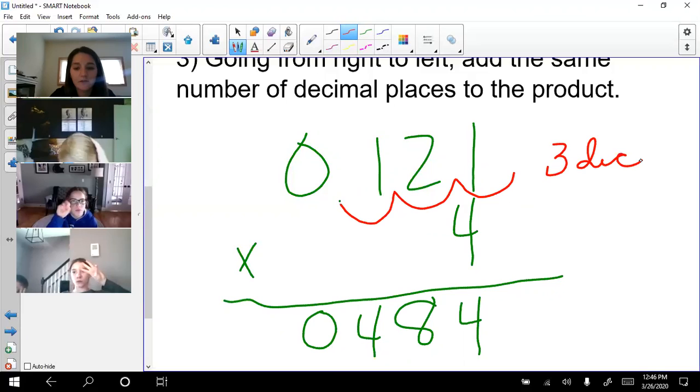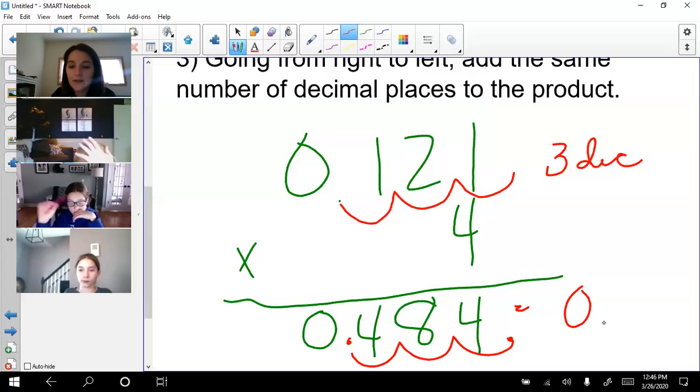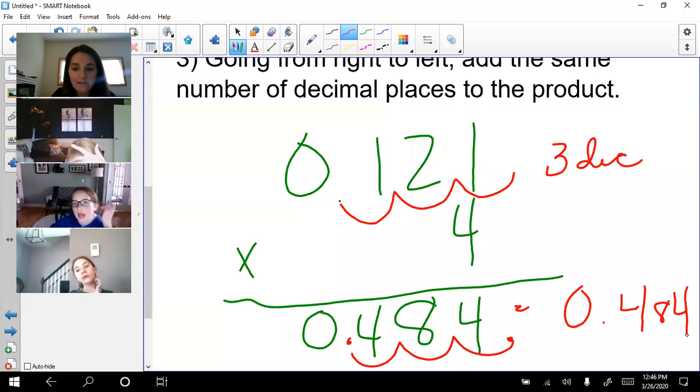Good, it should be 3. So I'm going to start all the way on the right, the same as what they have above: 1, 2, 3. So my answer is going to be 484 thousandths.